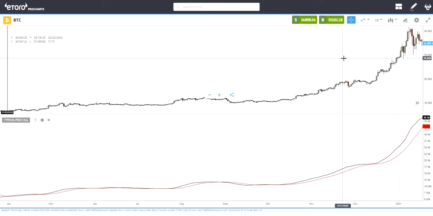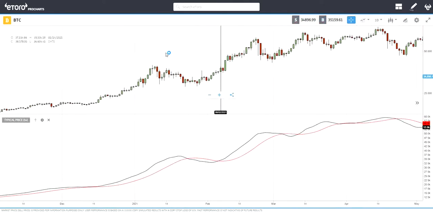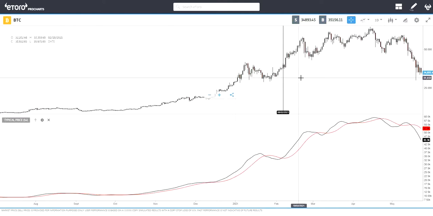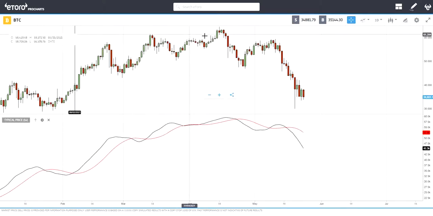Then I remember it was here, I think, when Elon Musk sent some tweets, the price went up, and then here at the top he made some other tweets and it went down. Then China started to ban crypto, or not ban, but said that it can't replace fiat currency.